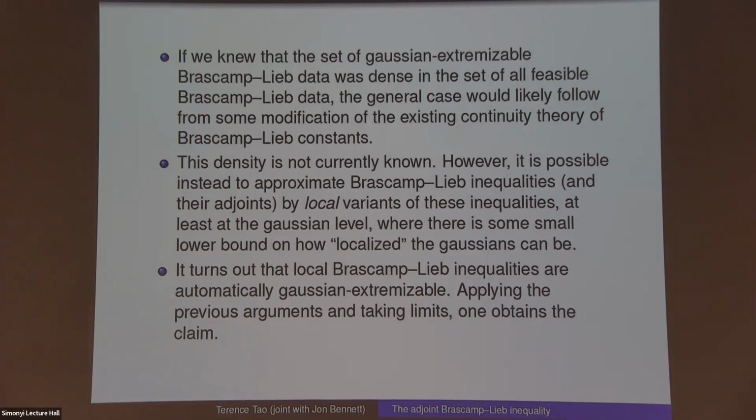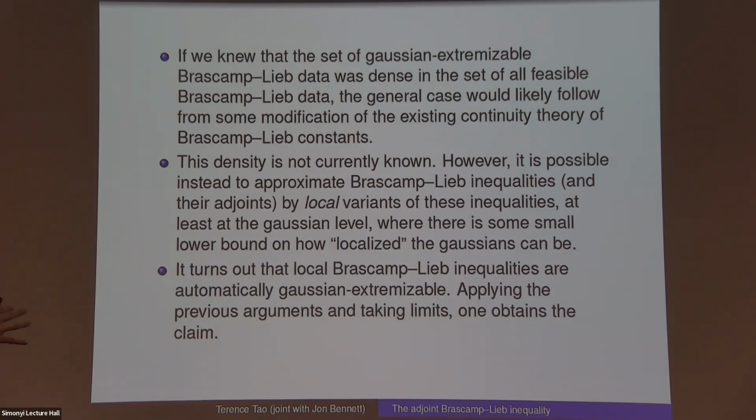You should be able to approximate, even if you have an inequality where there is no Gaussian extremizer, you should be able to perturb it and find one which has a Gaussian extremizer. If you could do that, because we know that certain constants are continuous or semi-continuous, we should be able to deduce the general case from the Gaussian extremizer case by some sort of limiting argument. So we tried doing that. We were not able to complete that argument. There might still be a proof, but actually there was a shortcut that bypassed all this.